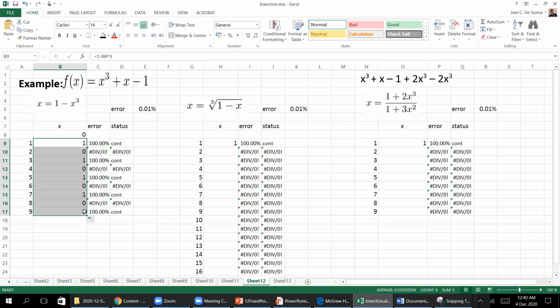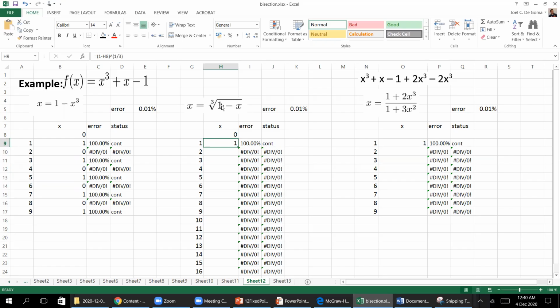Let's move on with our second equation, based on the original equation: cube root of 1 minus x. The first guess value, for me, is 0. So the result is 1, since cube root of 1 minus 0 is 1.